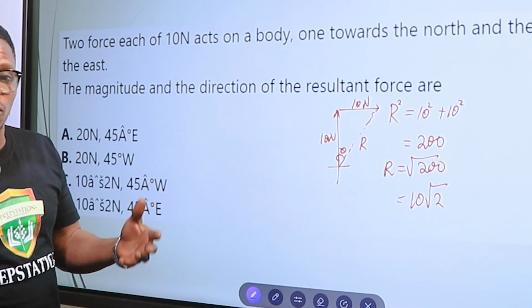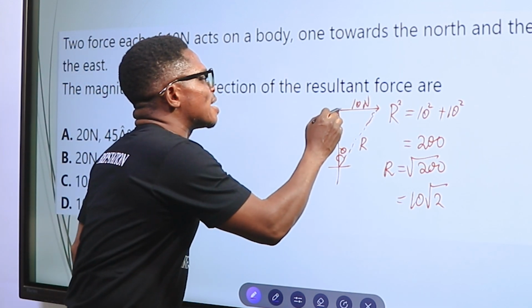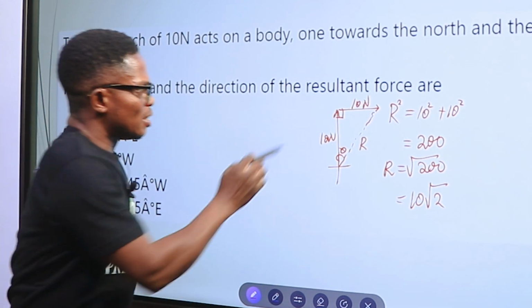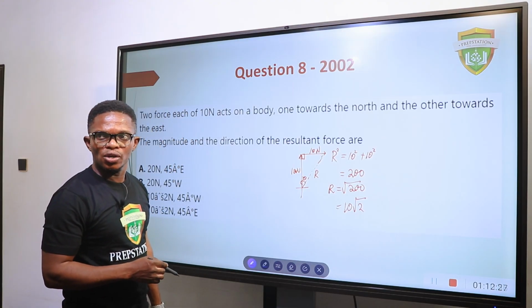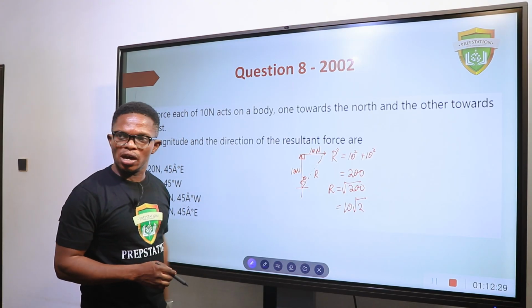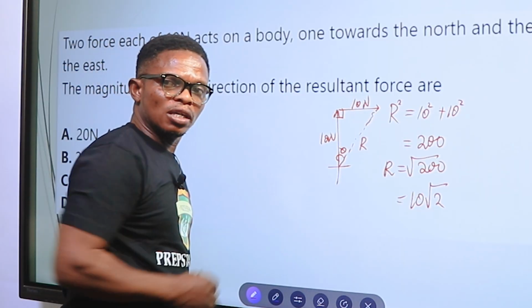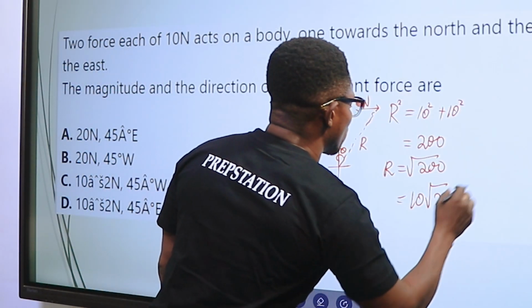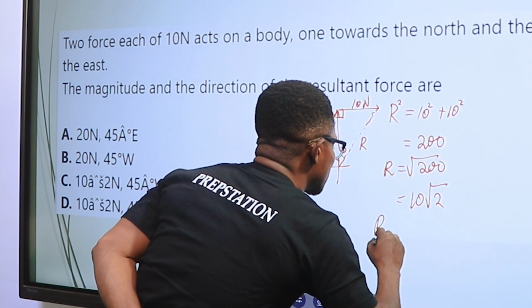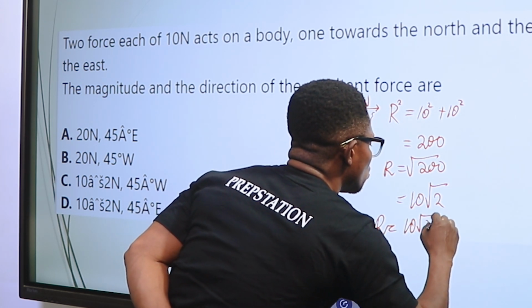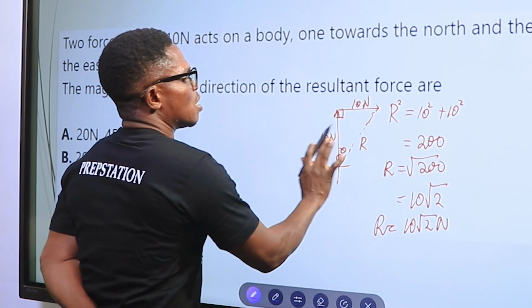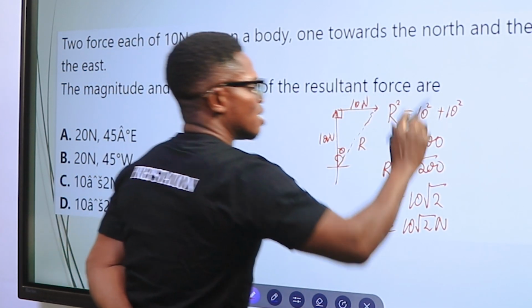Even without calculation, since this is 90 degrees, this is 10, this is 10, that makes it an isosceles triangle. So if it's an isosceles triangle, this angle is equal to this angle, and that will be 45. So the vector we are looking for is 10 root 2 Newton. Now, what are these cardinals? North and east.